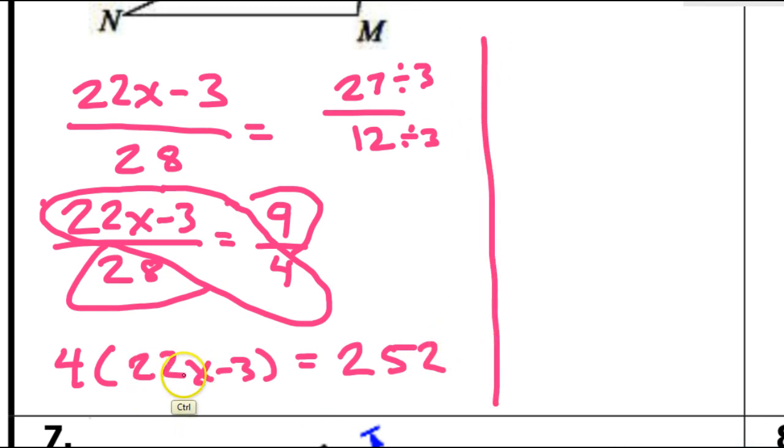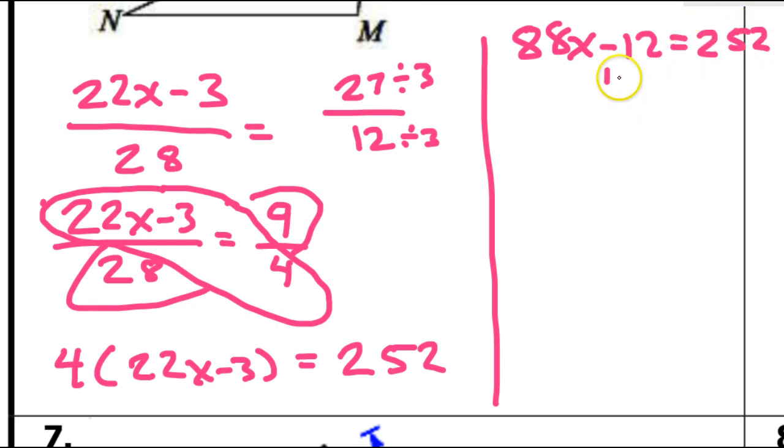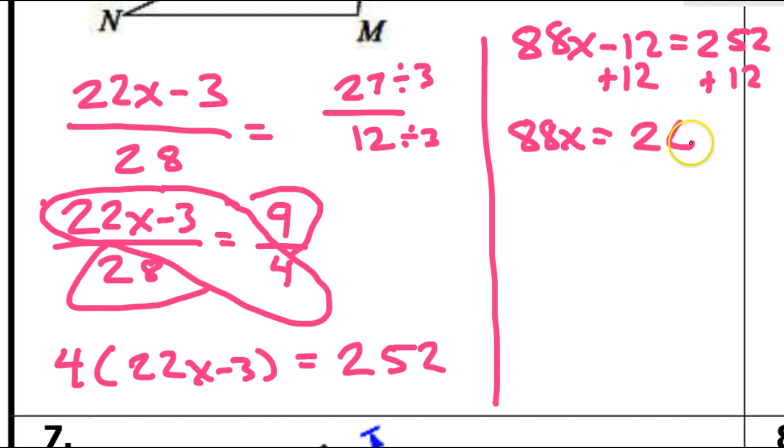Okay, 4 times 22 is 88. So that's going to be 88x minus 12 is equal to 252. And then I would add 12 to both sides. So that's going to give me 88x is equal to 264.